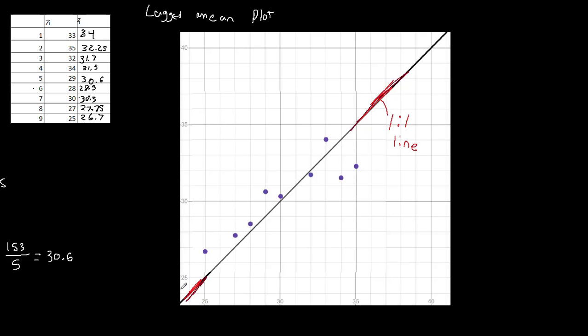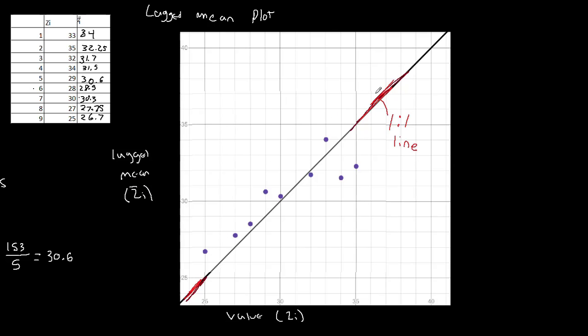Basically anything that falls along this line has the same y value as x value. If you think about what the lagged mean plot is plotting, on the x-axis this is our value, our zi. On the y-axis, we've plotted our lagged mean, our z bar i.